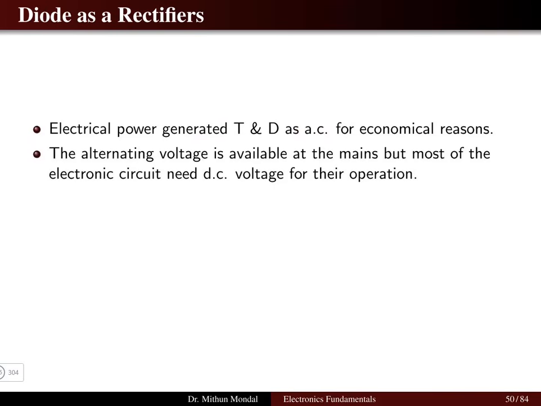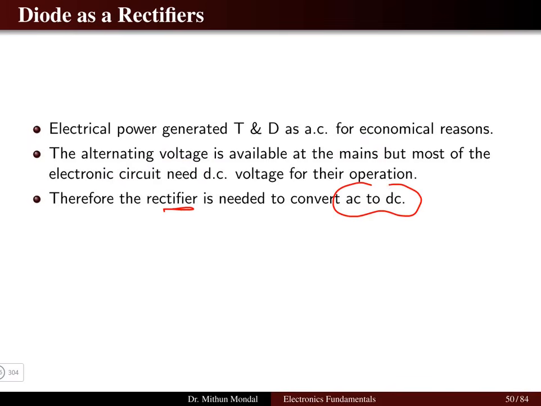The alternating voltage is available at the mains supply, but most electronic circuits need DC voltage for their operation. The mains is alternating in nature, and hence the rectifier is needed to convert the AC to DC so that we can use it in electronic circuits.